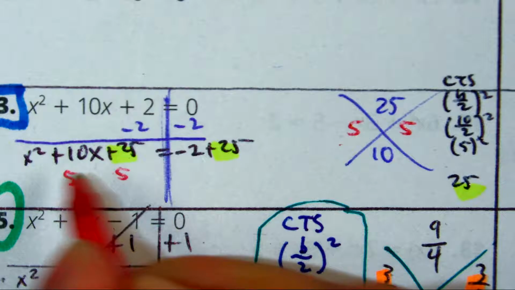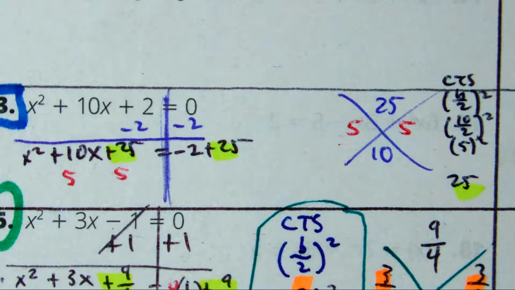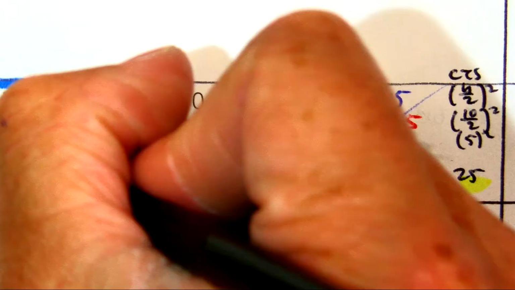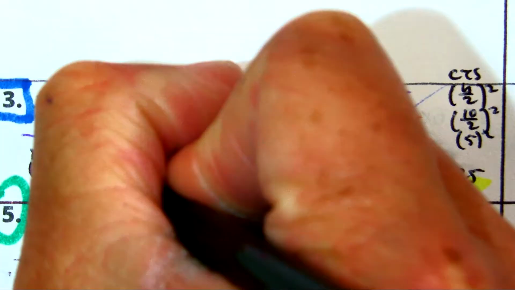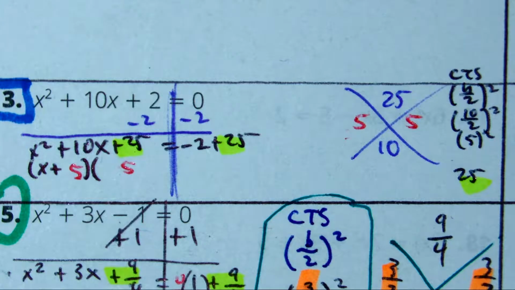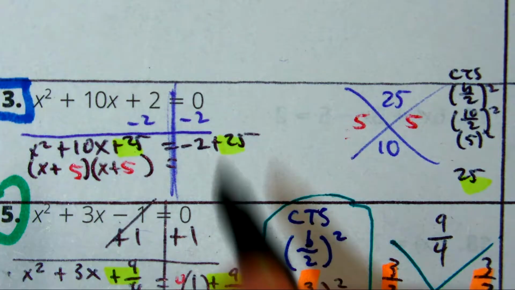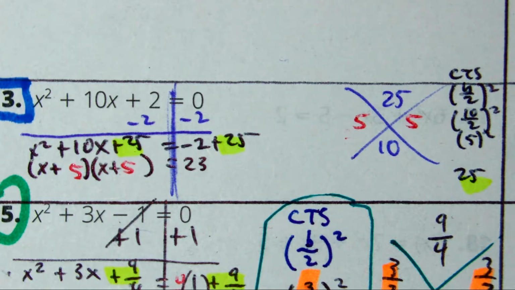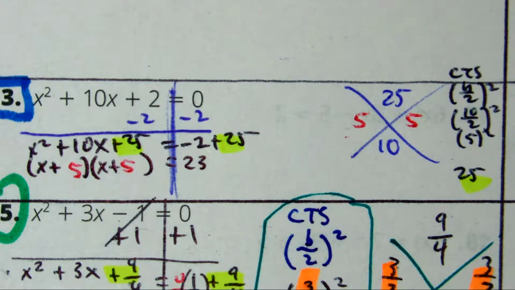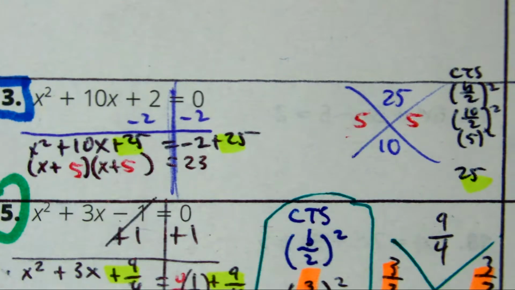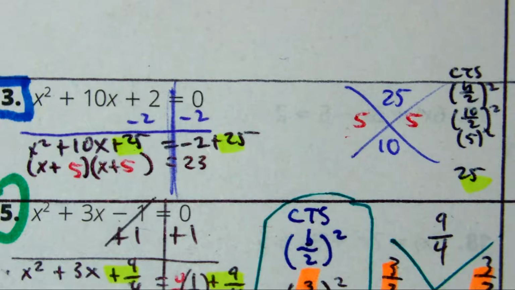Benito, tell me what to write over here. Equals 23. Good job, Benito. Marco. What's next?